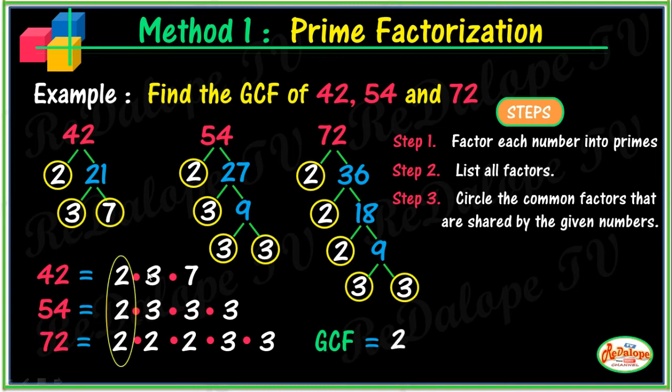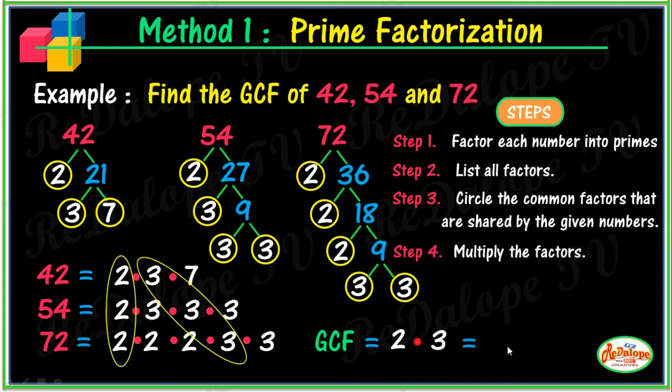And we have another second factor that's shared by the given three numbers, and it happens to be this 3, the prime number 3. So we'll multiply this by 3. So we have 2 factors. Now to find the GCF, just simply multiply these factors. 2 times 3, so that is equal to 6. So the GCF of 42, 54, and 72 happens to be 6.